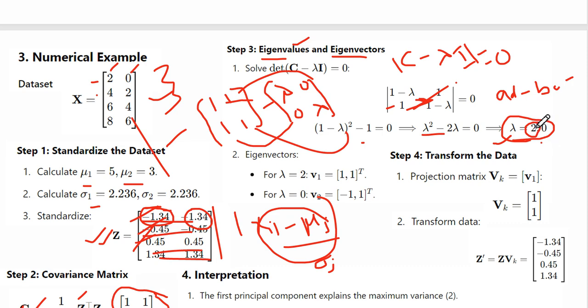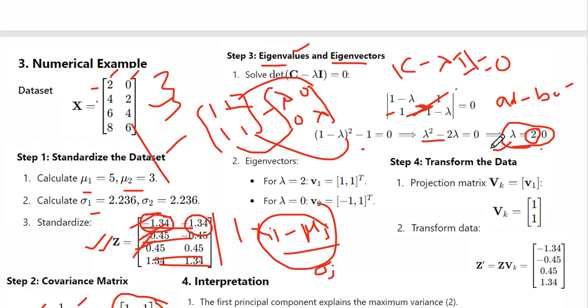Now from these eigenvalues, we have to calculate the eigenvector. How to calculate the eigenvector? (C minus lambda I) into V equals 0. First we take lambda equal to 2.